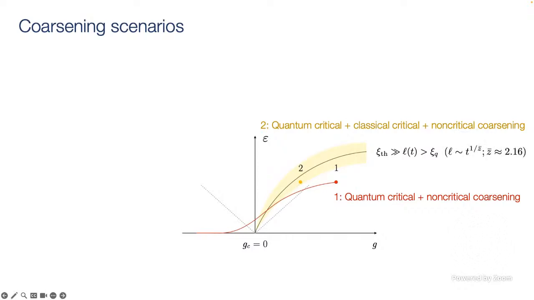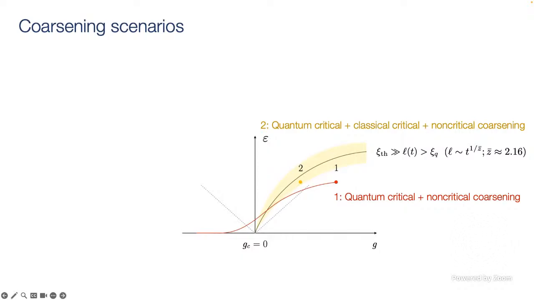This classical critical coarsening is a third independent scenario because it's a growth law with a third exponent, which I label here by Z bar. For this particular problem, Z bar is known numerically to be like 2.16, and it has got nothing to do with the non-critical coarsening here. It's got nothing to do with the quantum critical coarsening here.